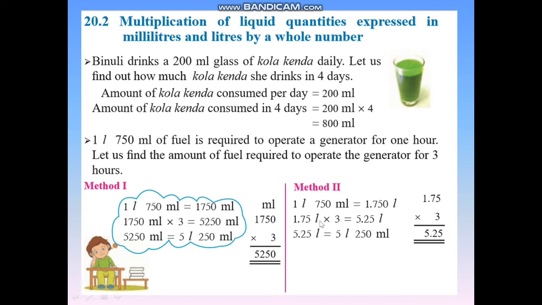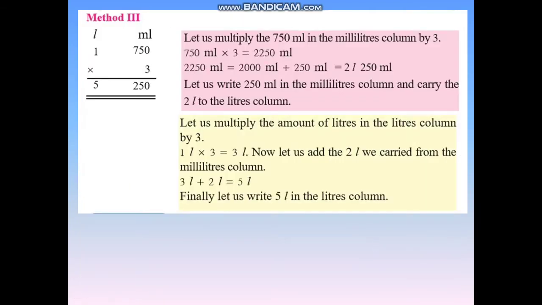When we multiply this by 3, we get the answer as 5.25 liters. If you like, you can break this down into 2 units, that is liters and milliliters. Then you get the answer 5 liters and 250 milliliters. Let's see method 3.